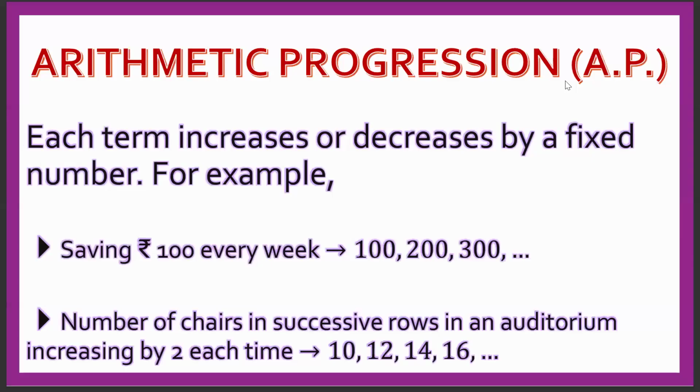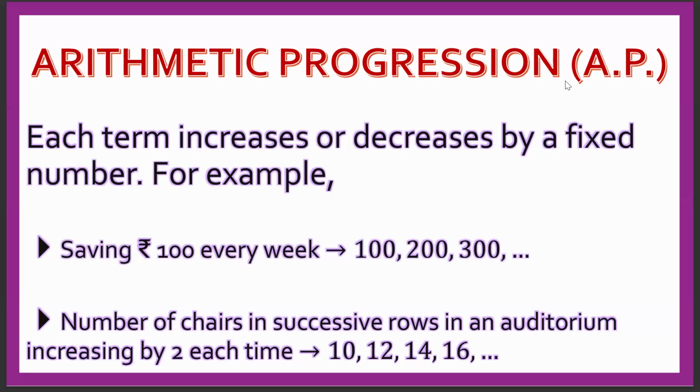And what is the arithmetic progression? That is a type of progression. One type of progression is the AP, the arithmetic progression. Each term increases or decreases by a fixed number, like our savings of rupees 100 every week: 100, 200, 300, per week 100 rupees, so it increases.